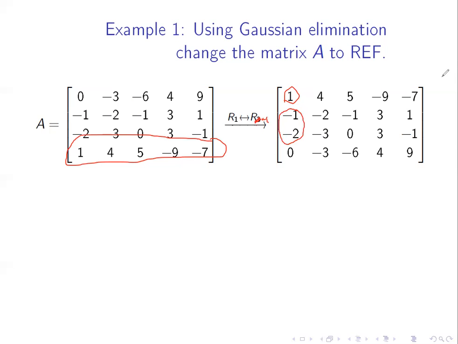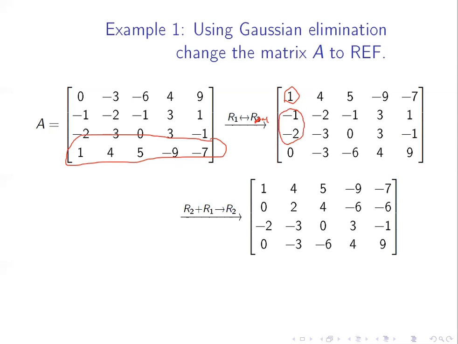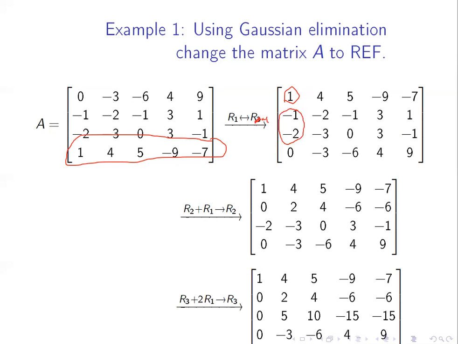All right, so if you did those, personally, I did row 1 plus row 2, put that back in row 2, and we got, as you can see, 2, 0, 2, 4, negative 6, negative 6. Again, I just did row 3 plus 2 times row 1 into row 3, and we get 0, 5, 10, negative 15, negative 15.